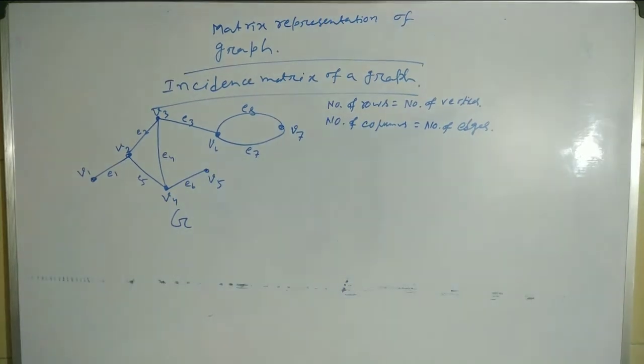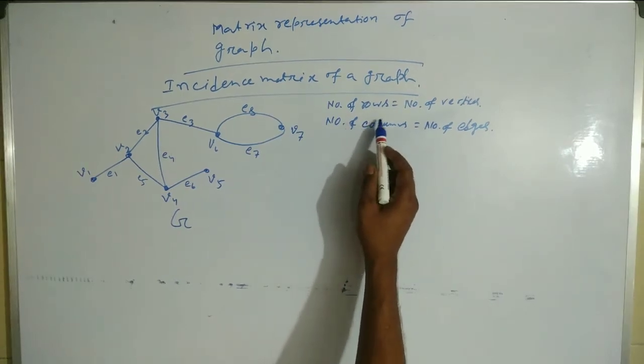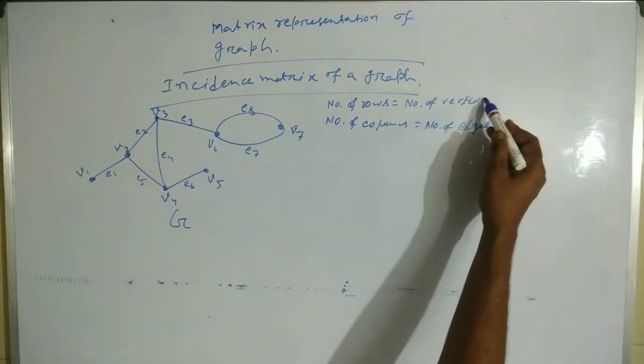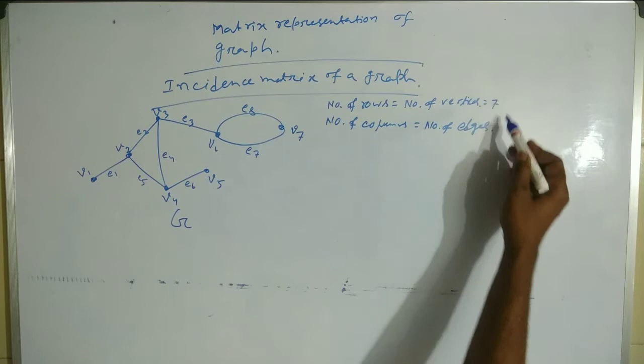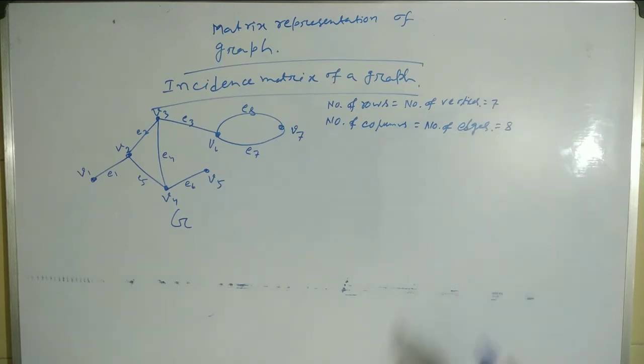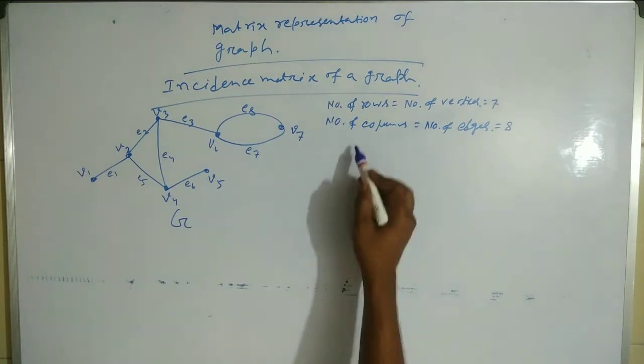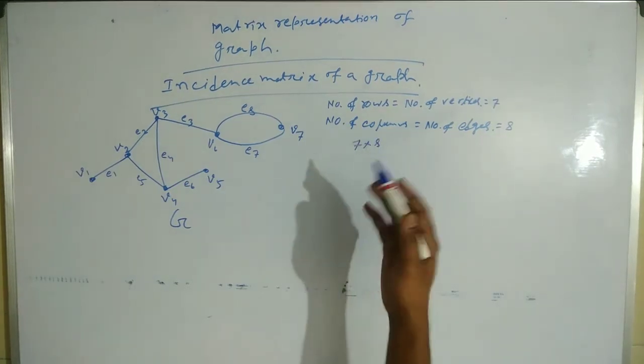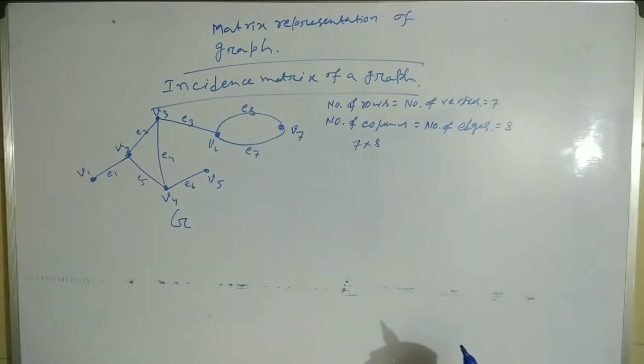Now I will write the matrix. So here number of rows is equal to number of vertices, which is 7, and number of columns is equal to number of edges, which is 8. So the order of the matrix will be 7 by 8. There will be 7 rows and 8 columns. Okay.